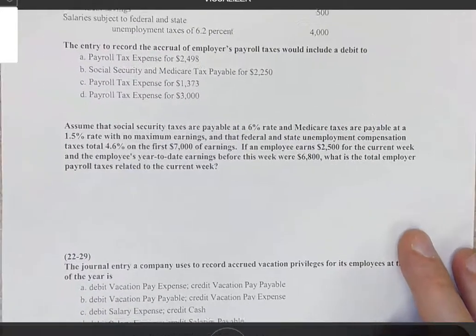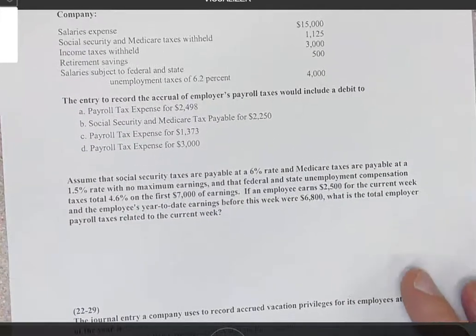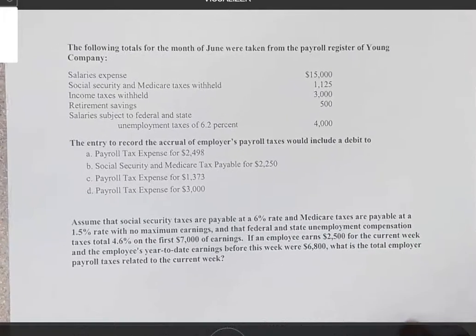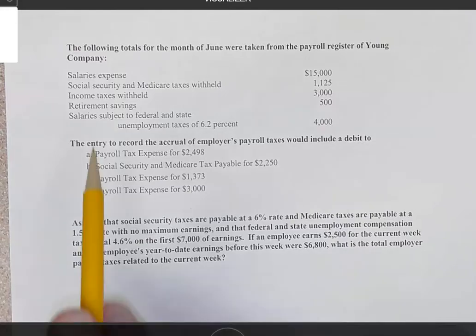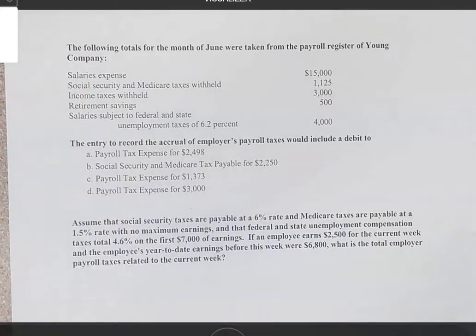Let's switch out the paper and see what we have. Move down, okay. Let's see what we've got here. It says here, the following totals for the month of June were taken from the payroll register of Young Company. And we have here, looks like we've got salaries expense, $15,000, that's gross pay.